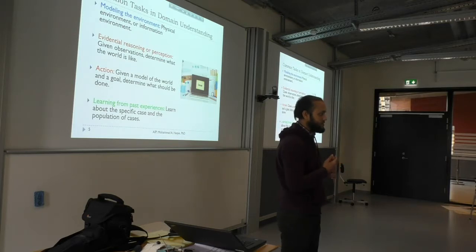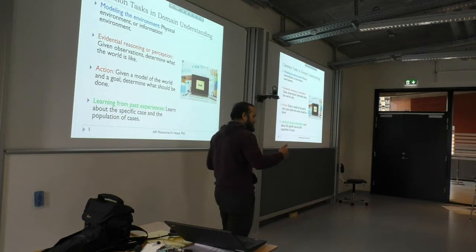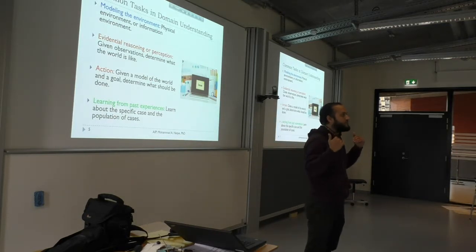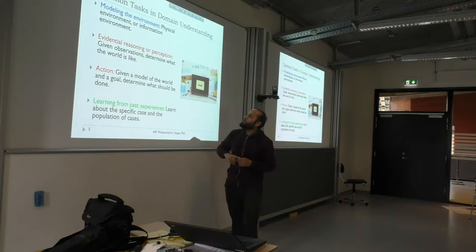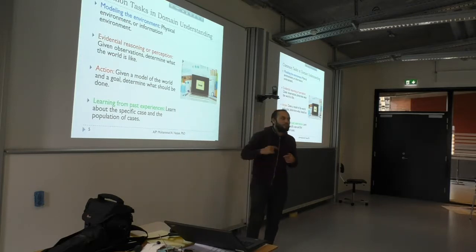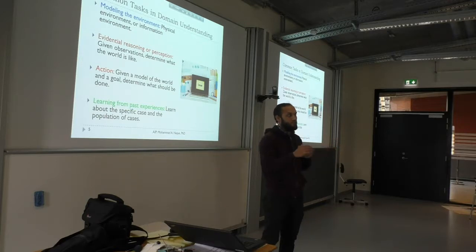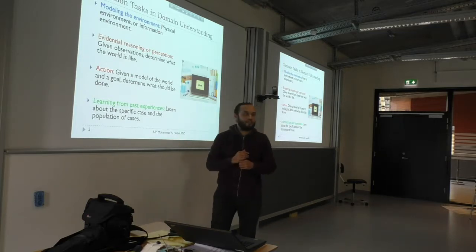That is perception. And when I'm doing these things, I'm using some kind of logic which I have in my brain state or in my controlling system. So that is the evidential reasoning and perception. We have observations, and based on the observations, we can understand what the environment looks like now, or what state I am in now. States.